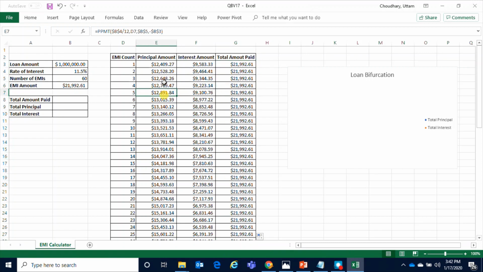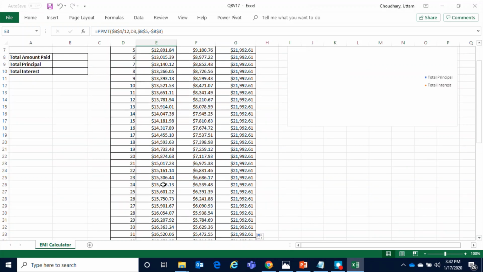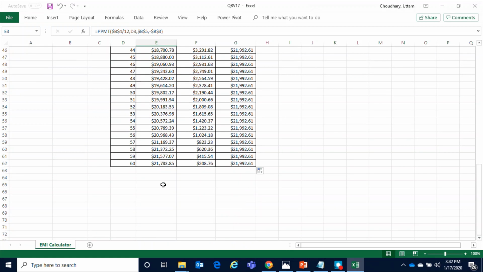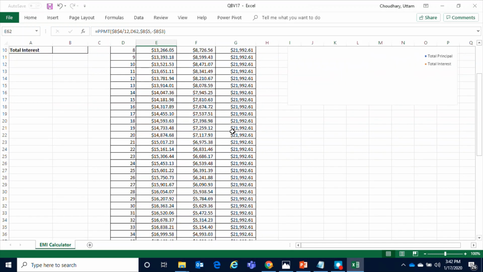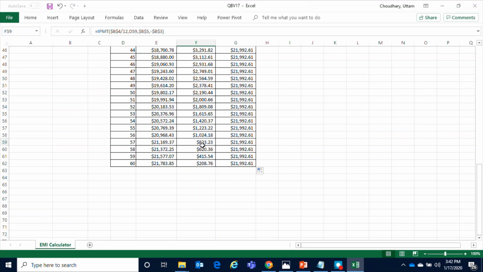So if you notice here, the principal amount has been increasing the more I make the payment, and the interest amount is reducing because this is a reducing method. And at the end, in the final payment, you see the least amount of interest and the maximum amount of principal that we are paying, and this is the amount.